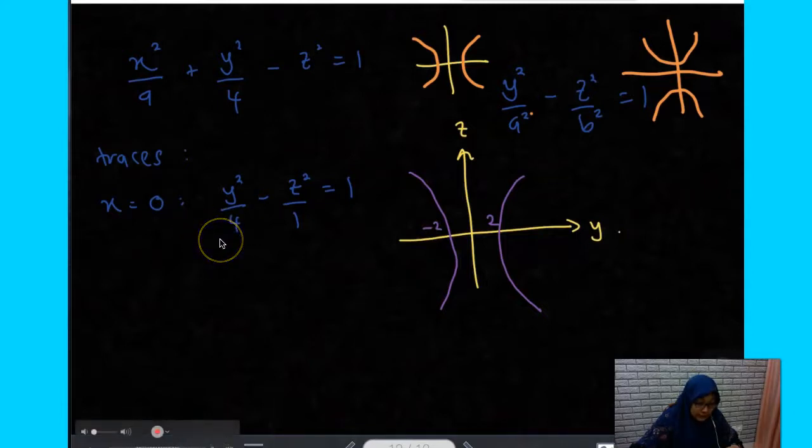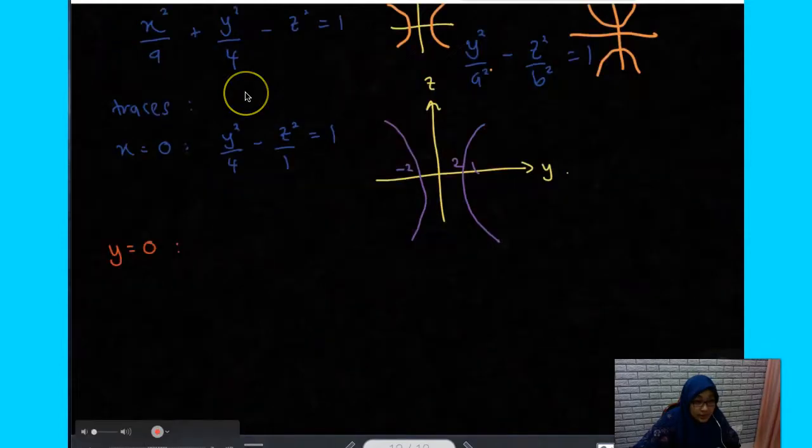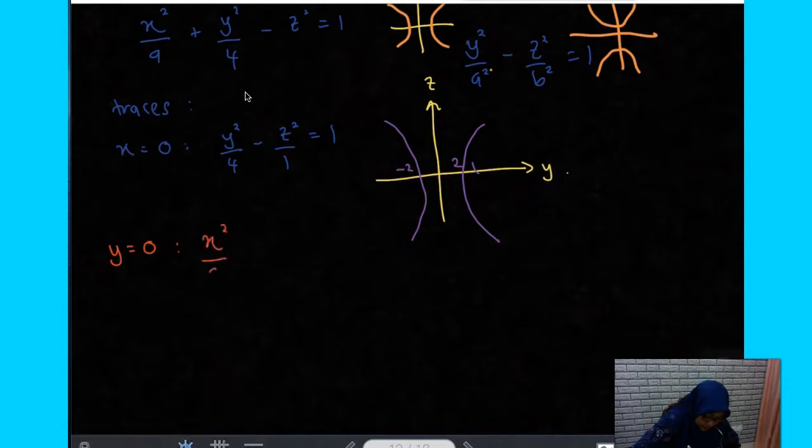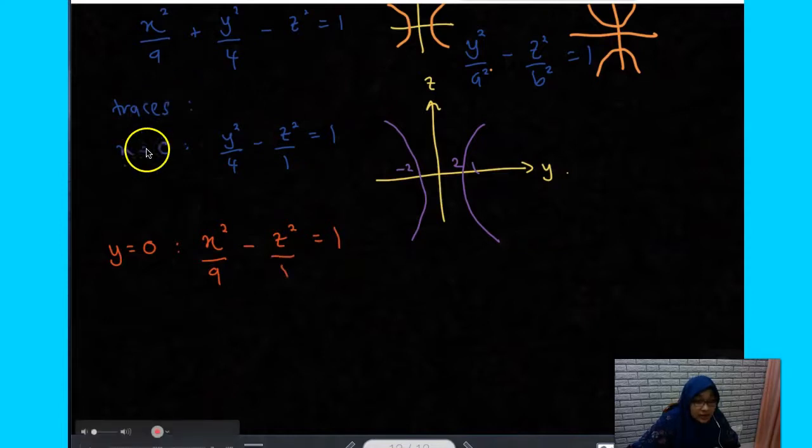And then we go to the second trace, y equal to 0. Then we have x squared over 9 minus z squared equal to 1. Again, just like on the zy plane, we have another hyperbolic shape.